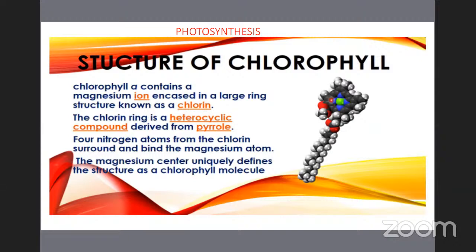The centrally located magnesium uniquely defines the structure as a chlorophyll molecule, and this tail-like structure is called phytol. So in the chlorophyll structure there is a round head-like structure and a tail-like structure. This head is made by one magnesium atom surrounded by 4 nitrogen atoms, each nitrogen making one pyrrole structure, and at one end we can find a tail-like structure which is called phytol. This is the structure of chlorophyll.